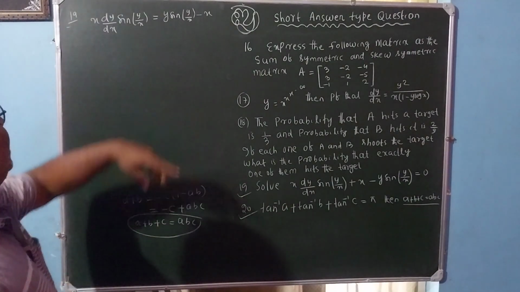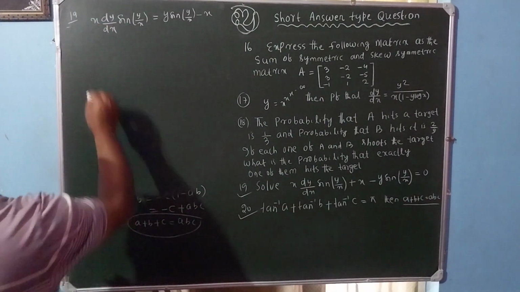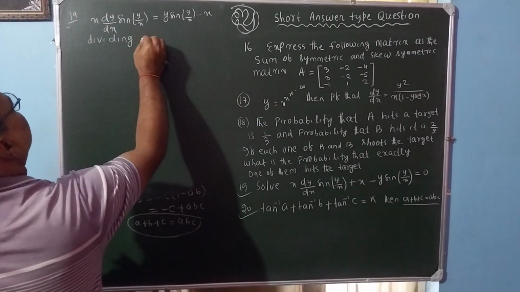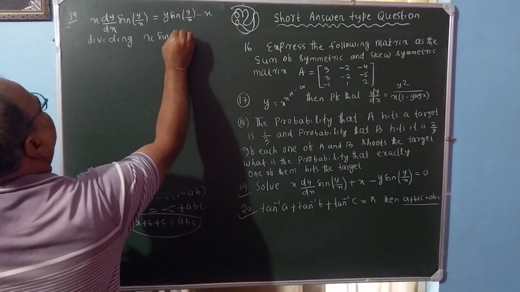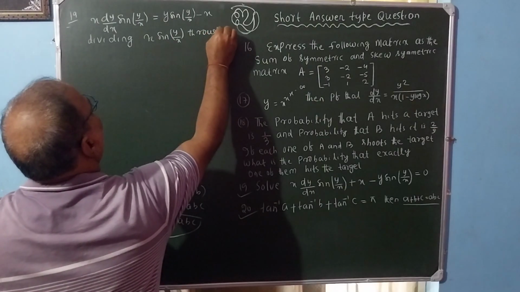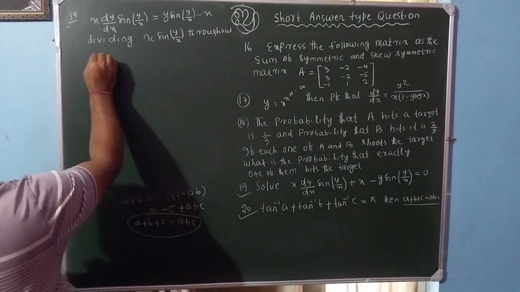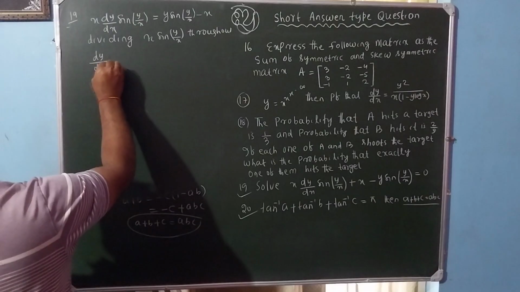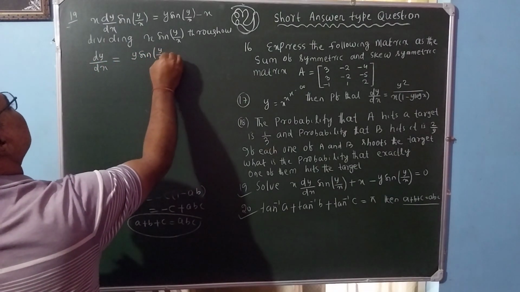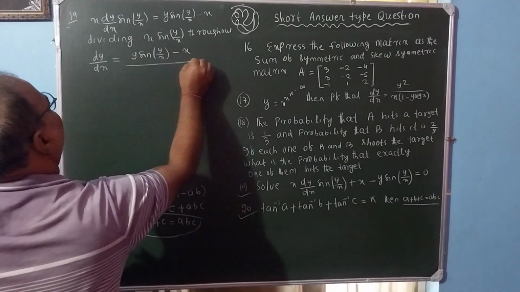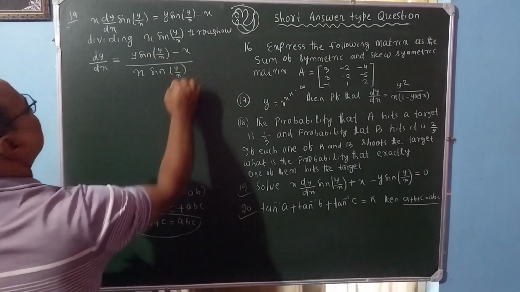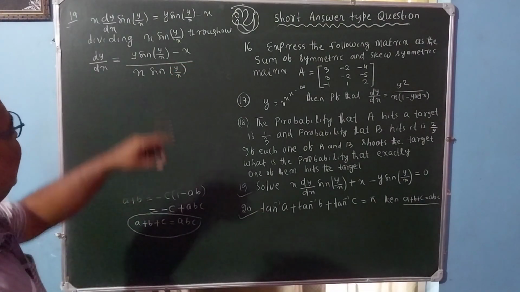So now dividing x sin y by x throughout, dy by dx is equal to y sin y by x minus x divided by x sin y by x.